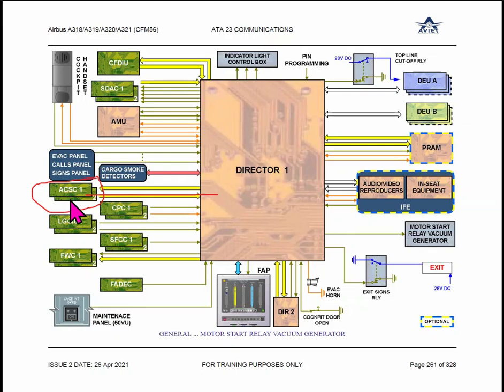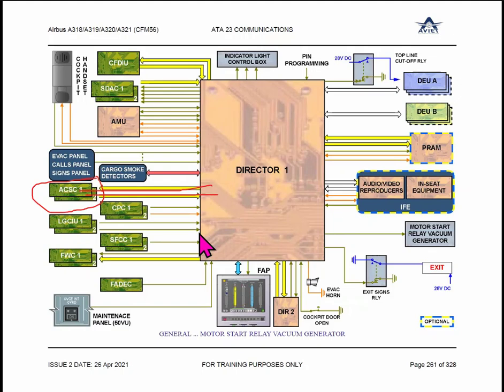ACSC will tell the director, hey gentlemen, this is the cockpit setting and whatever you want, because ACSC will execute the temperature control. So the input will also go to ACSC to increase or decrease the temperature in respective cabin zone.